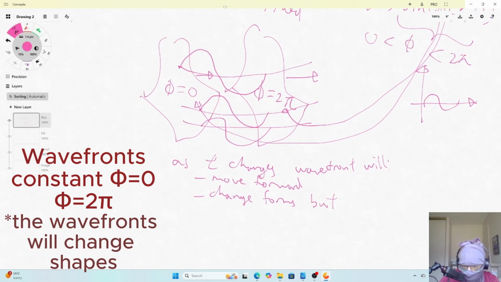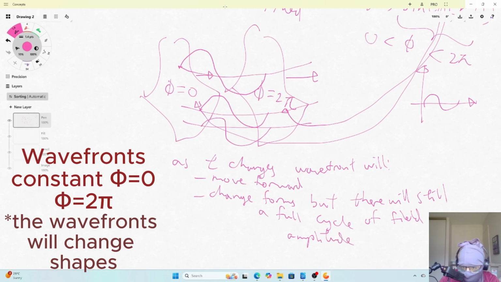But there will still be a full cycle of field amplitude between them, since phi 1 minus phi 2 equals 2 pi.